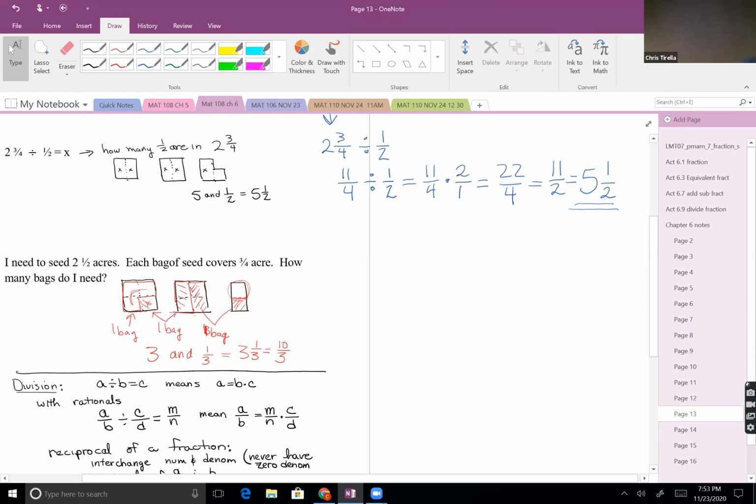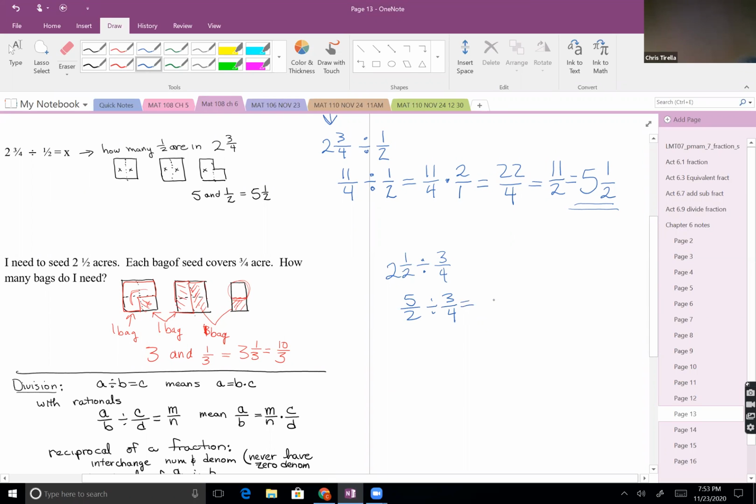Or likewise with the bag of seeds, we had 2.5 acres and we wanted to see how many 3/4 were in there. So let's see, 2 times 2 is 4, plus 1 is 5/2 divided by 3/4.